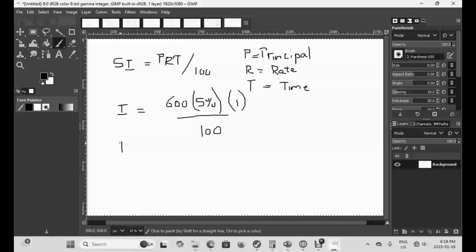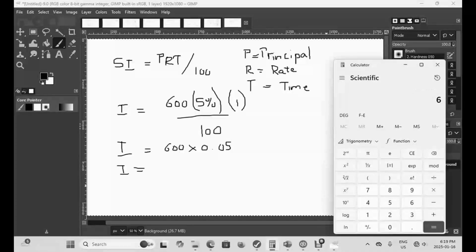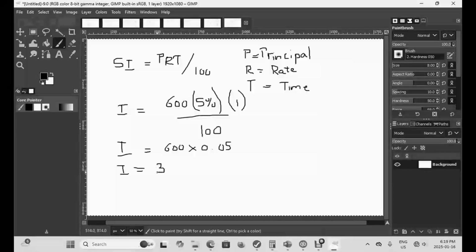You can also rewrite this as 600 times 0.05, which is the same as this equation. So 600 times 0.05, you're earning $30 every year.